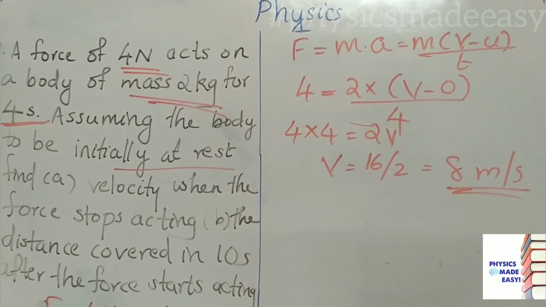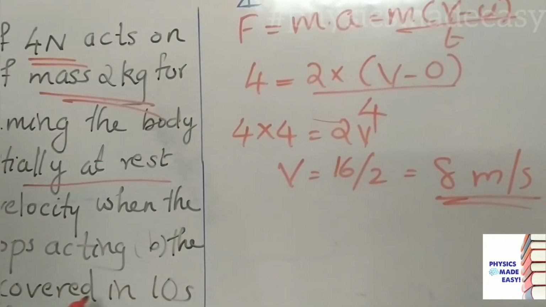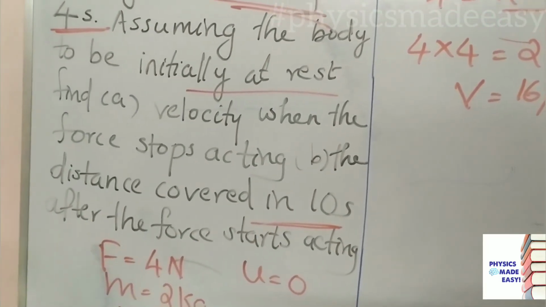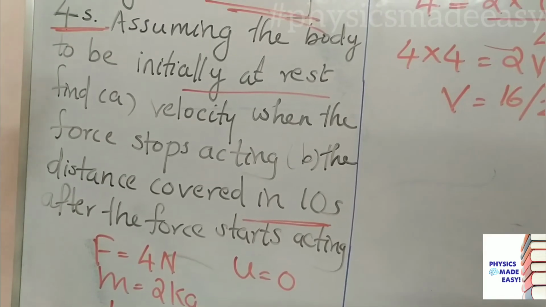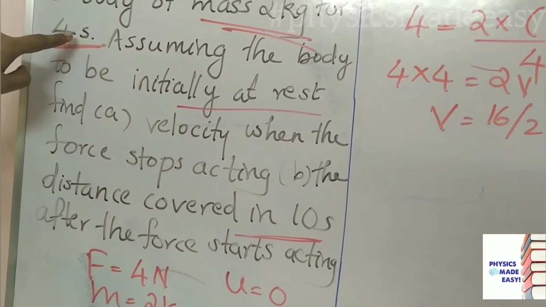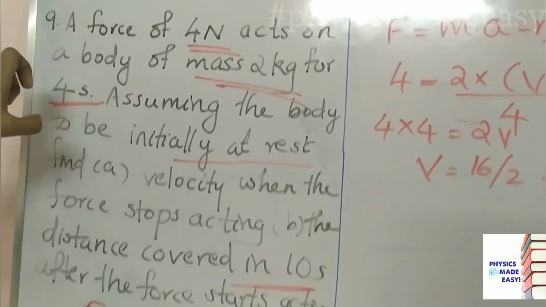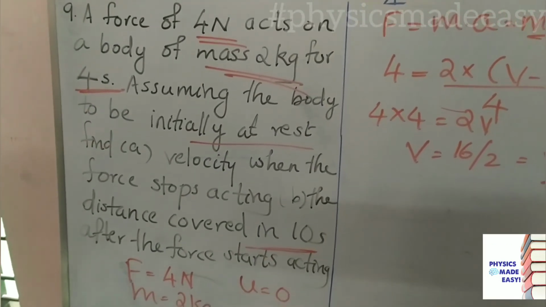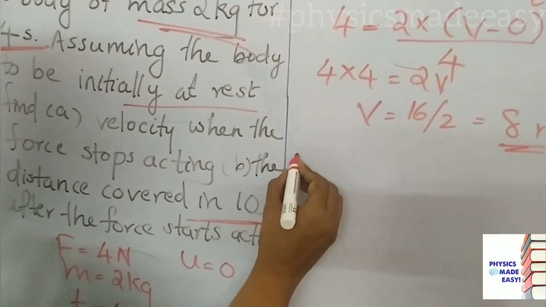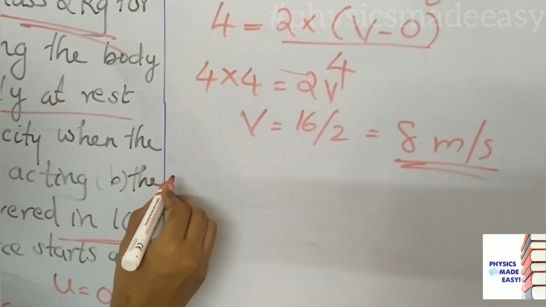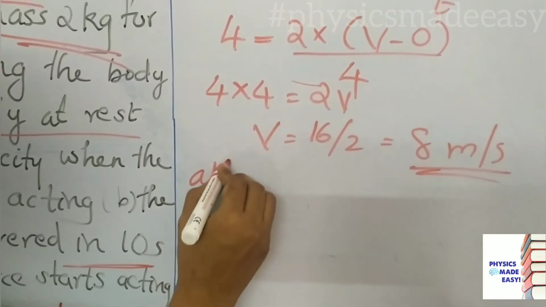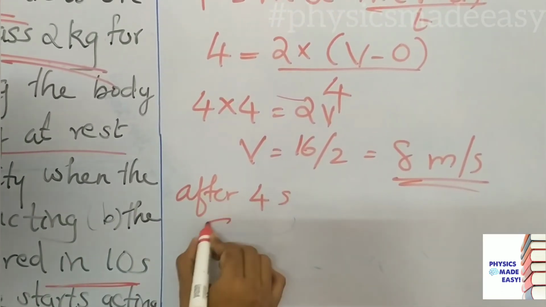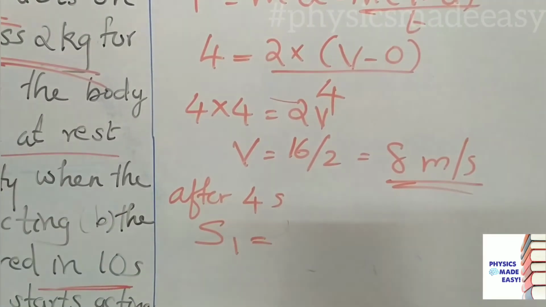Then next we have to find the distance covered in 10 seconds after the force starts acting. So here first, the time is given as 4 seconds. How much distance is travelled by that object we can find by using our equations of motion. After that 4 seconds how much distance is travelled by that object, that first we can find. We can take that as S1, that is the distance travelled.